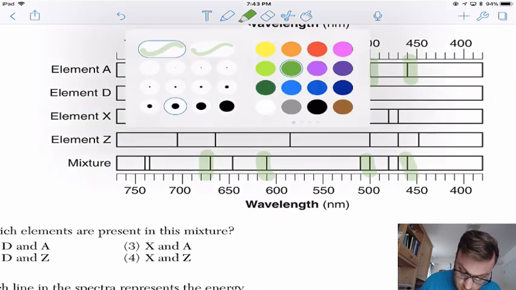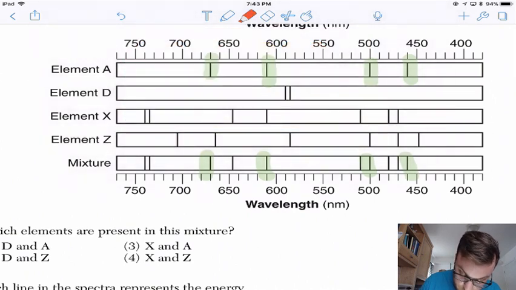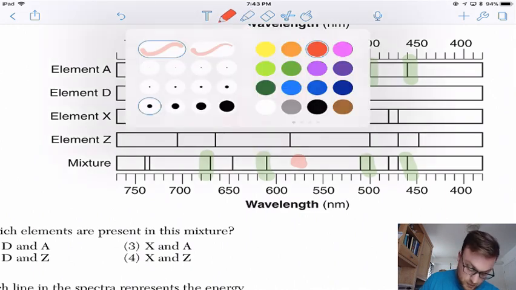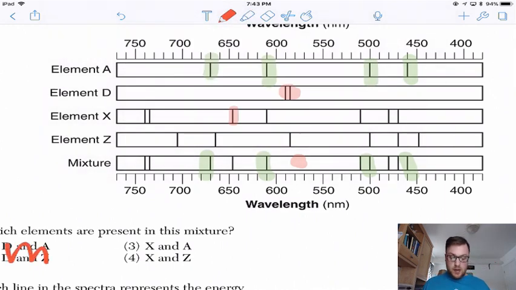Let's go to D. Oops, sorry. D is over here. D's not in the mixture. Can't be D. Let's cross those out. Since we already identified that all of A's lines are in the mixture, answer choice 4 doesn't even have A as an option, so the right answer must be 3.